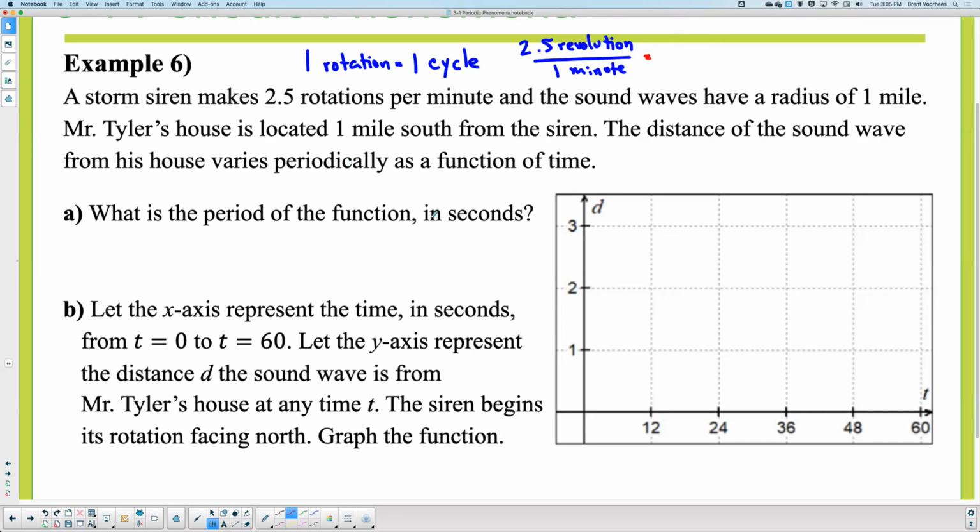So if you had to change that to seconds, you multiply times 60 seconds over 1 minute. When you simplify, you can find out what 1 period, or 1 revolution, is equal to. Minutes cancels with minutes. So 2.5 revolutions per 60 seconds is the same thing as if you divide that out.